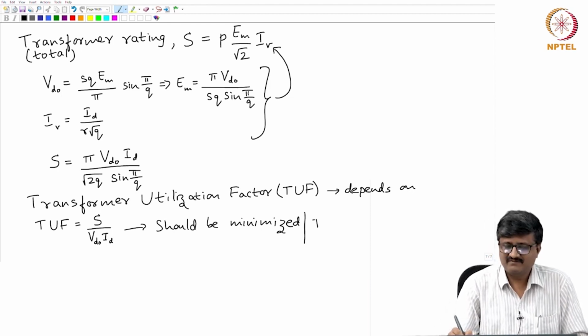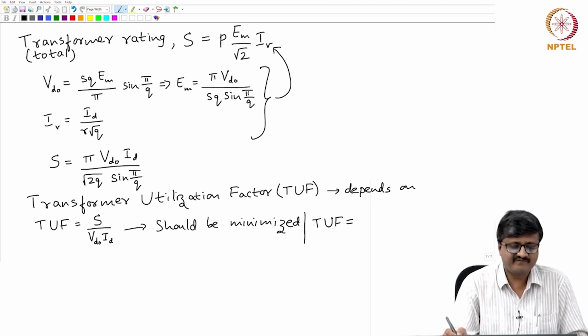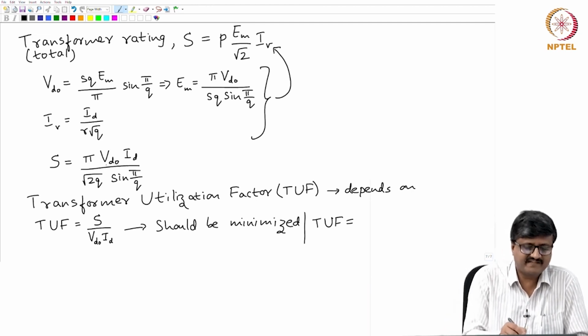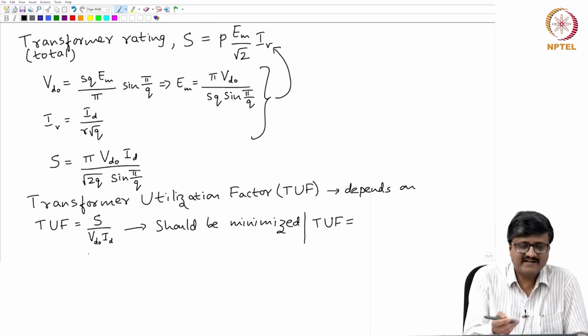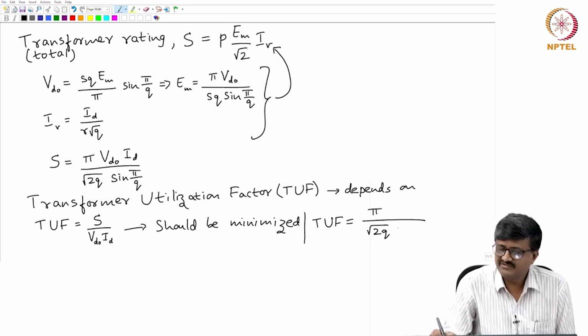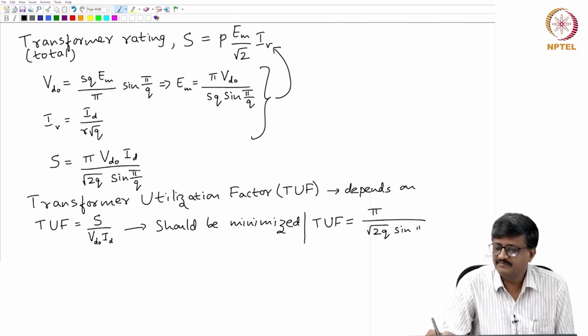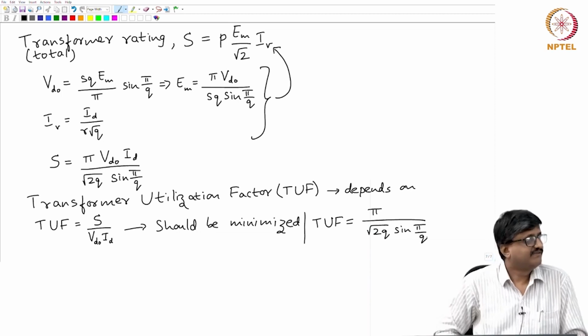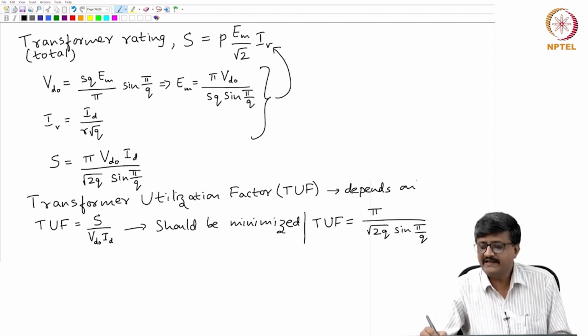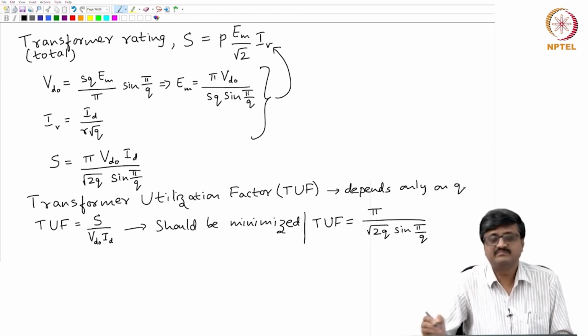You can just substitute for S. S is in terms of VDO, so that VDO gets cancelled with the VDO in the denominator and ID gets cancelled. So, it is just pi by under root 2 Q sin pi by Q. So, you see that it depends only on Q.